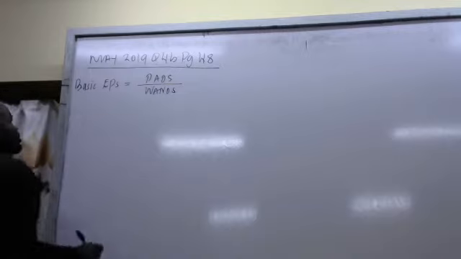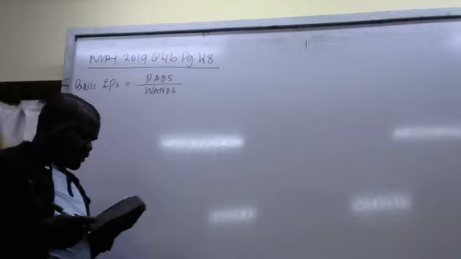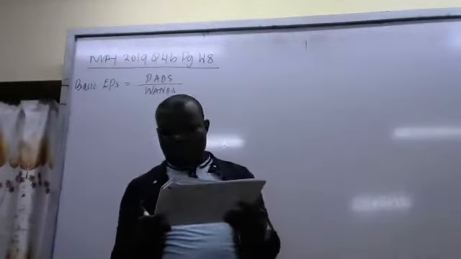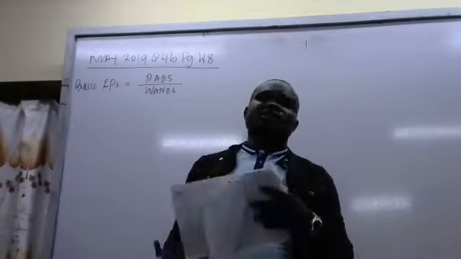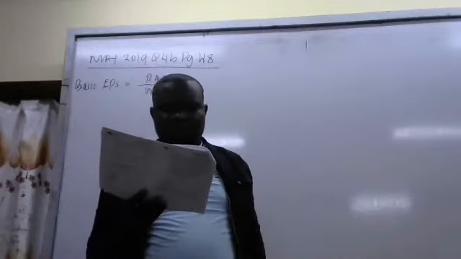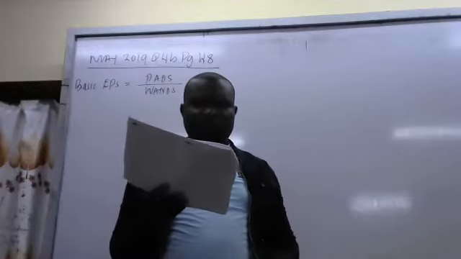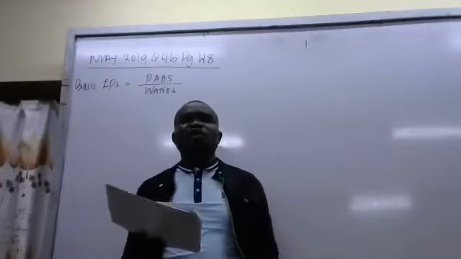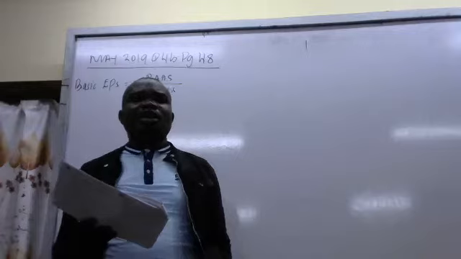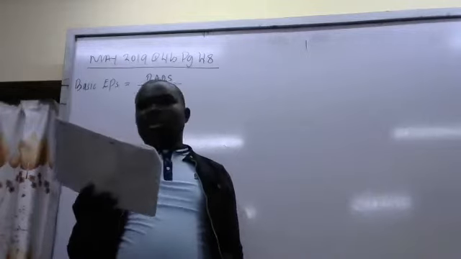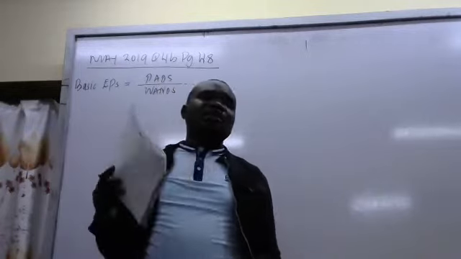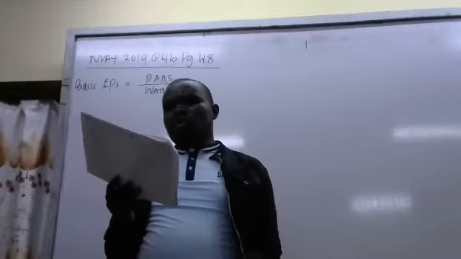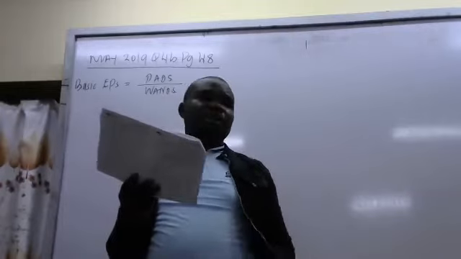The financial year ends in December, so it starts in January. In the notes you have been analyzing, from note 1, is there any which relates to 2017? All are 2018, meaning that for 2017 you just take the profit attributable to ordinary shareholders and divide by the number of shares as they are there.